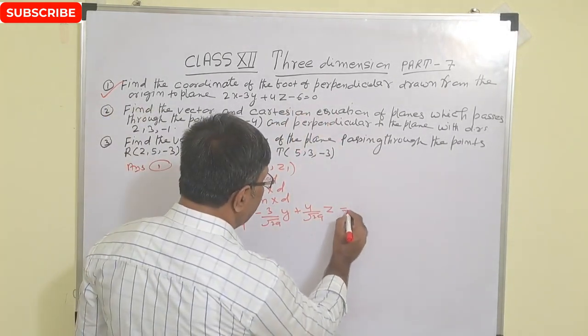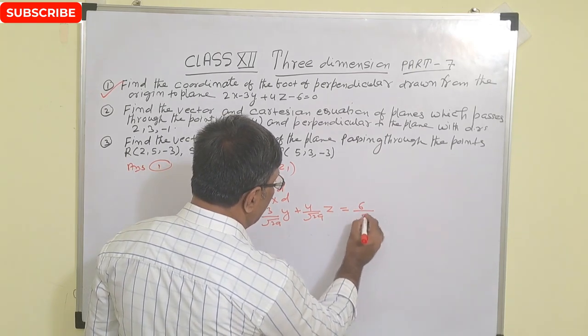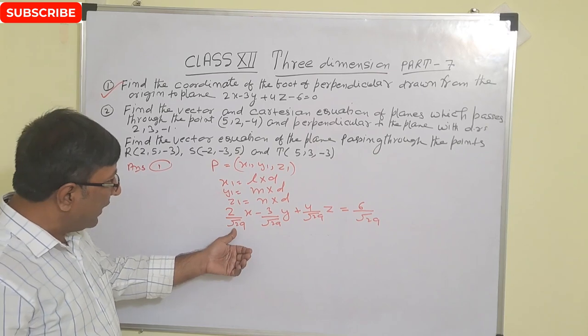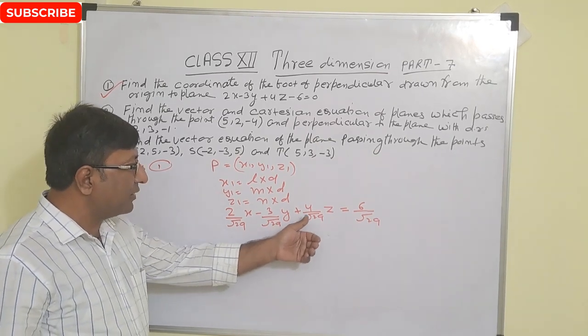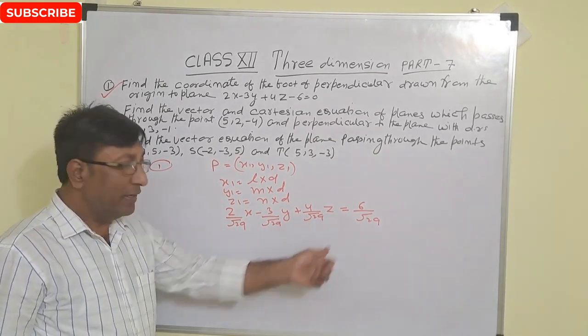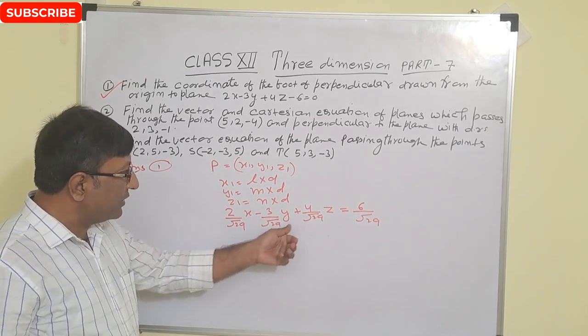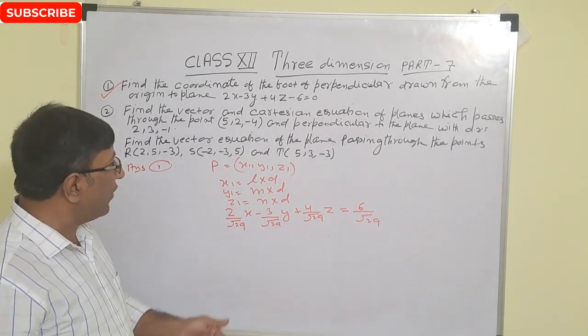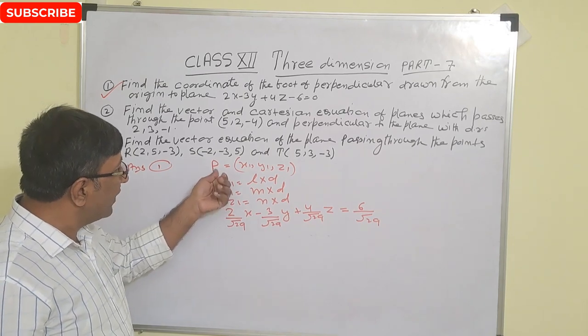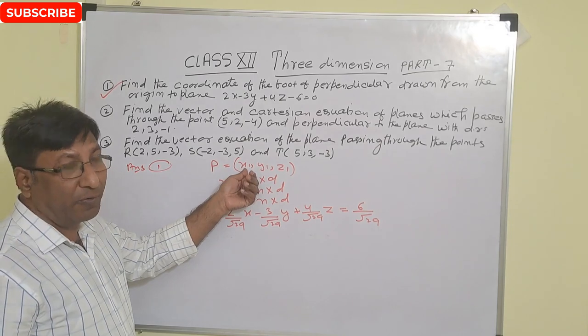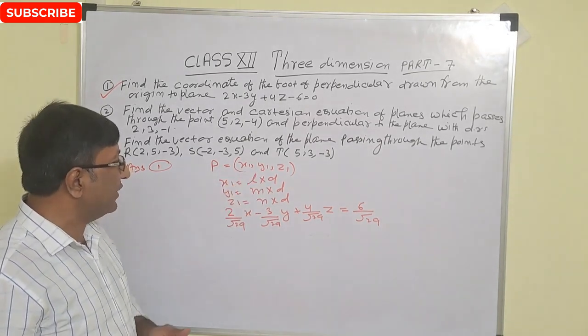So that is 6 upon root 29. So this is the equation in the form of Lx plus My plus Nz equal to D. So this is the direction cosine L, this is M, this is N. Now we have to find the coordinates of the foot of the perpendicular from the origin, that is x1, y1, z1.